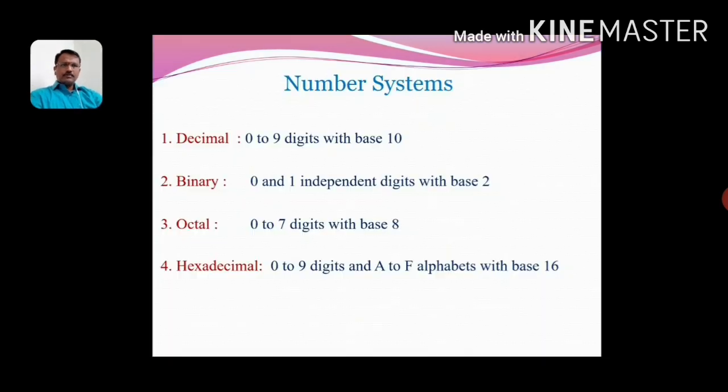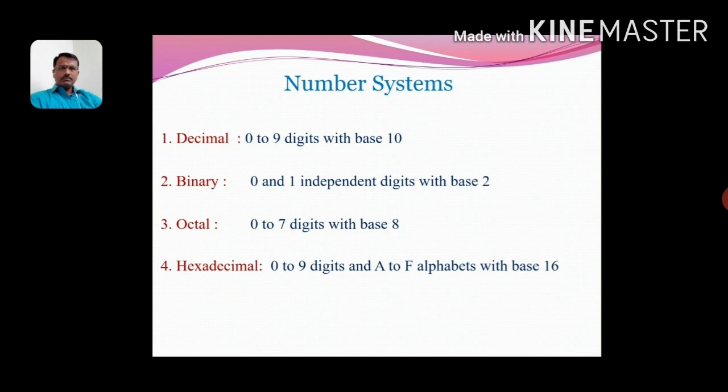So first of all, number systems. There are 4 number systems: decimal, binary, octal and hexadecimal. Decimal number system consists of 0 to 9 digits with base 10. Binary number system consists of only 2 digits, that is 0 and 1, therefore its base is 2. Octal number system consists of 0 to 7 digits, therefore its base is 8.